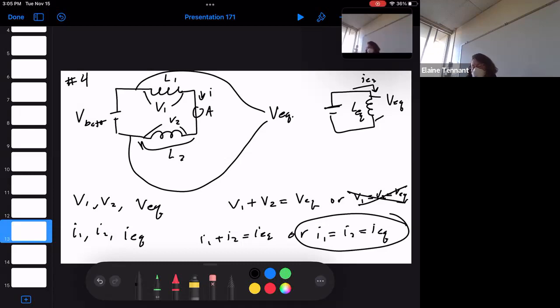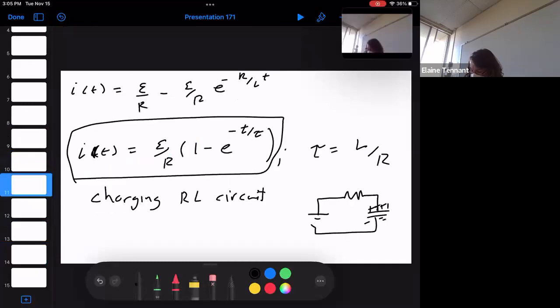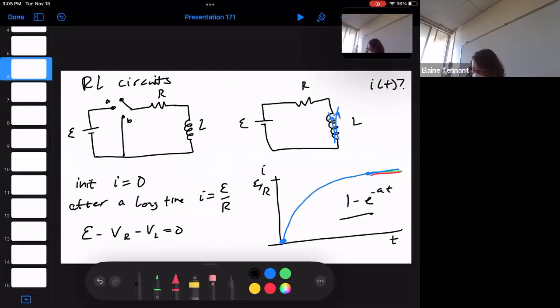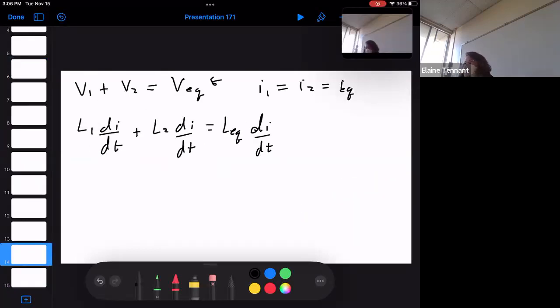And if it was fully charged up, I'd hit this portion of the graph over here. What could you tell me about the di/dts?